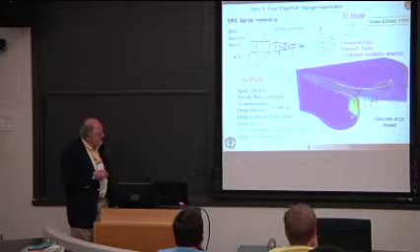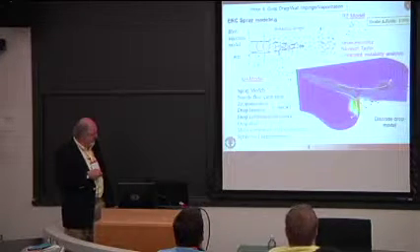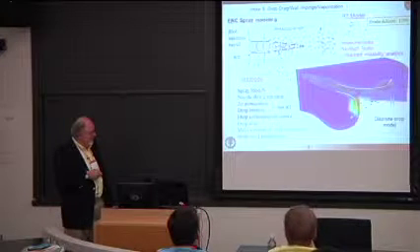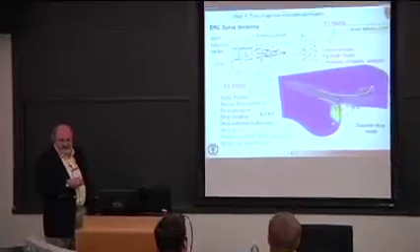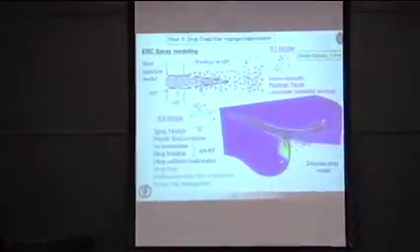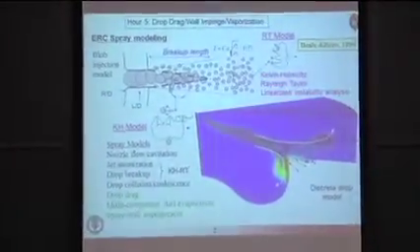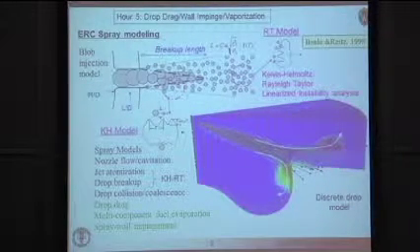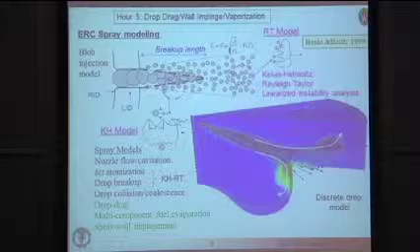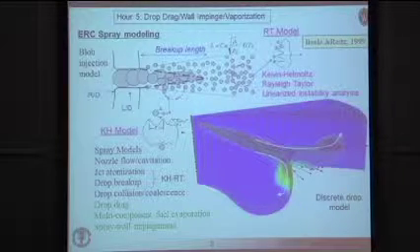The droplets themselves then interact with the surrounding gas through droplet drag, which we're going to talk about. Eventually, they may impinge on surfaces, so we have to worry about spray wall impingement. And during this whole process, they undergo vaporization. And typically, real fuels are multi-component, so we have to take into account that aspect of things as well.